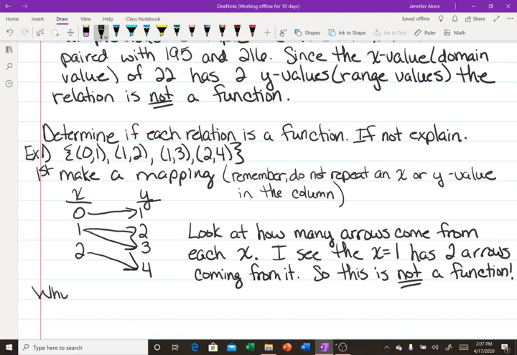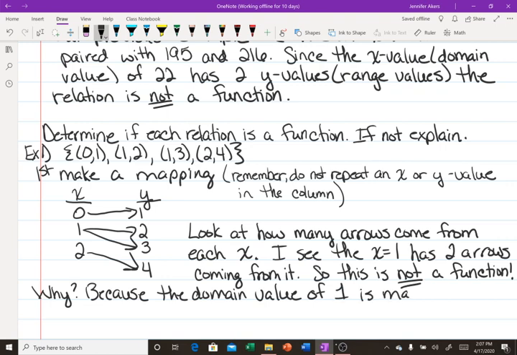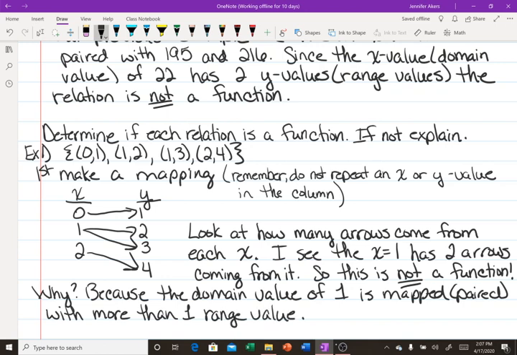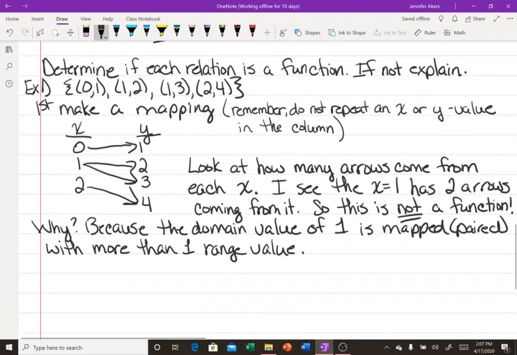Why? Because the domain value of 1 is mapped or paired with more than one range value. Okay.